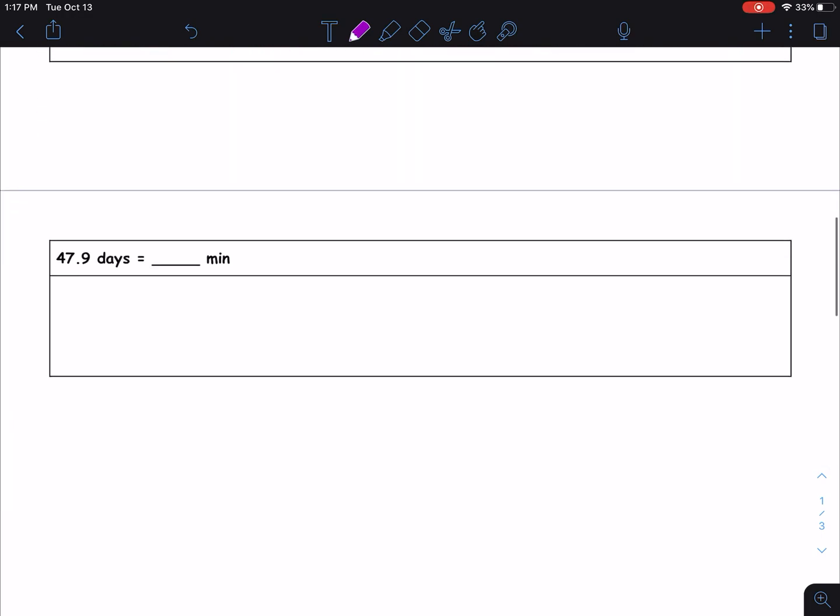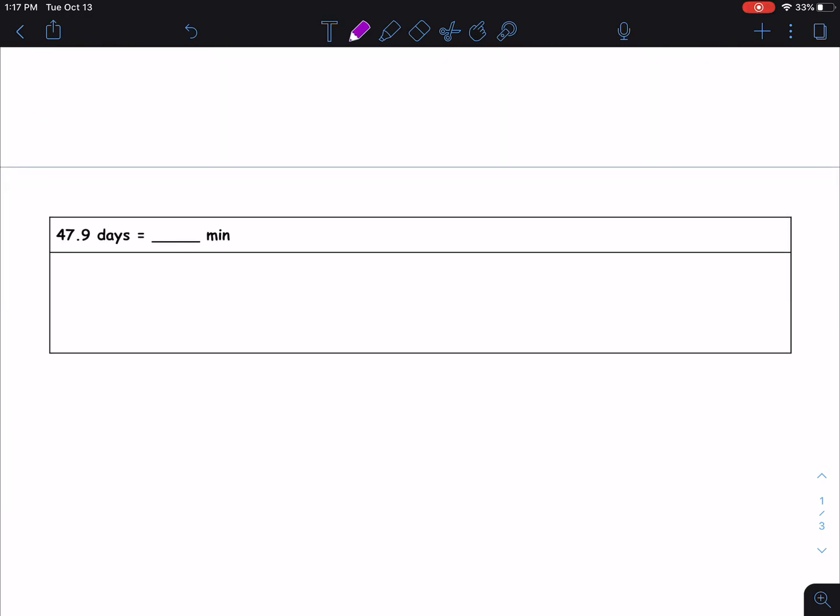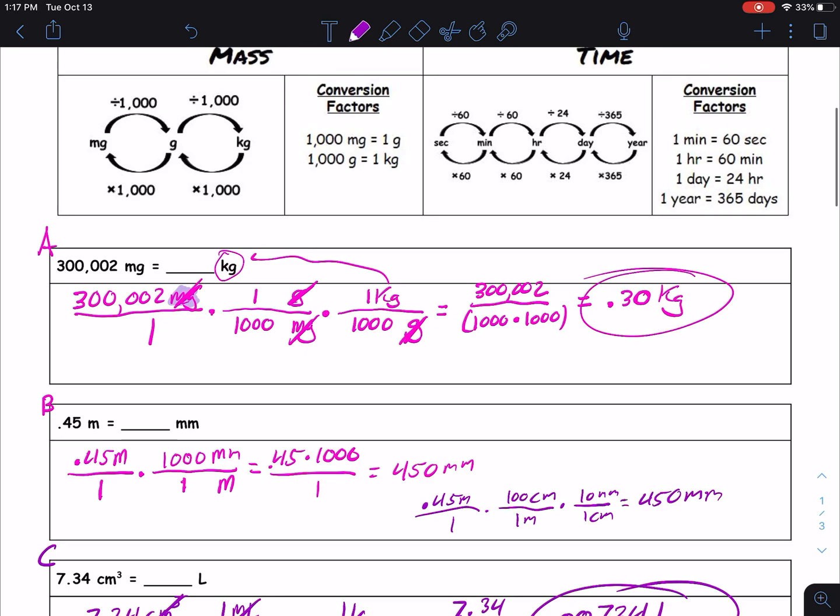Let's go on to the final one here. Please solve D at this time. Well, when we go through this, we start with what we know. And when we go up to time, we can turn days into hours, and then we can turn hours into minutes.